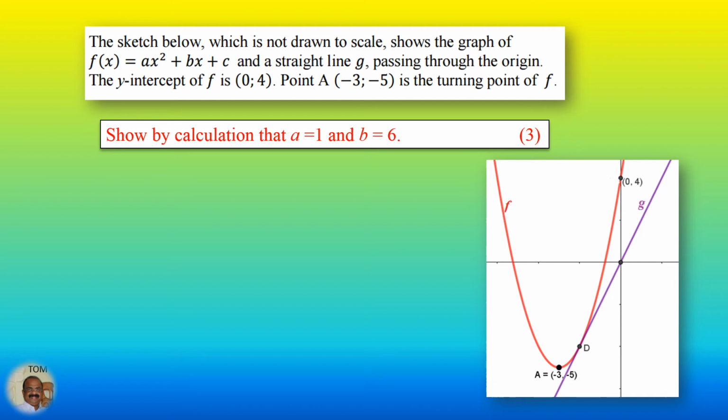And what is c? c is the y-intercept, which is already there, (0, 4). Now we are going to solve for a and b. What's the method? We have two unknowns, a and b. Then we look for the available points.